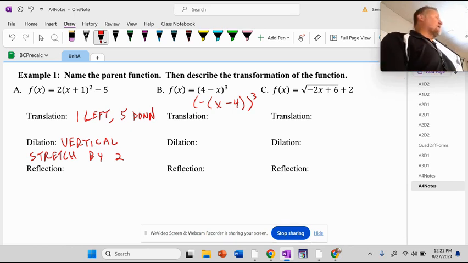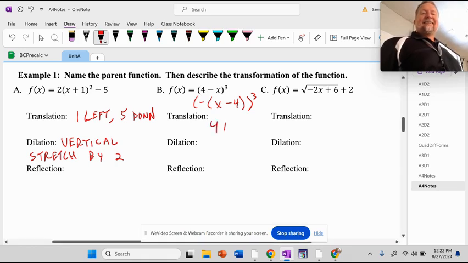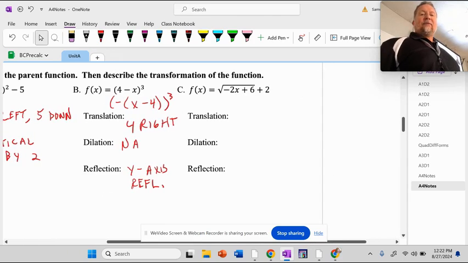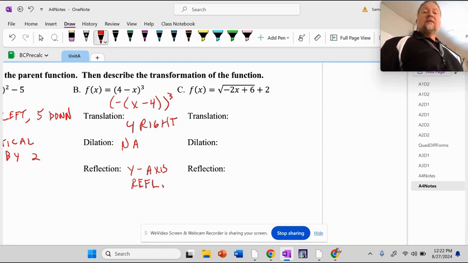Okay, quite well. You guys can talk if you like within your groups. The third one is the big one.